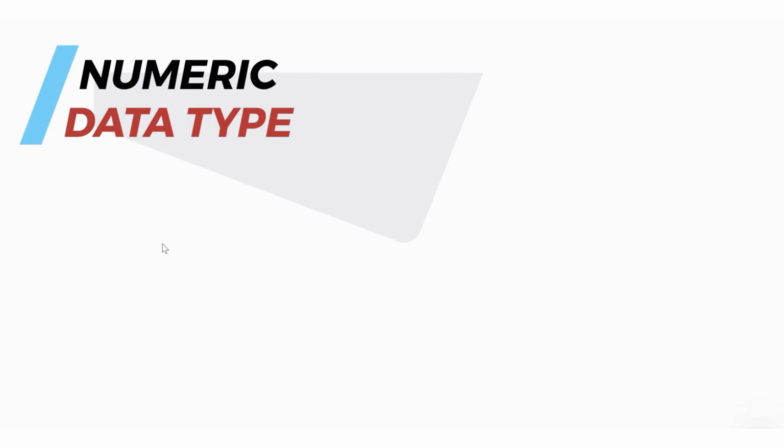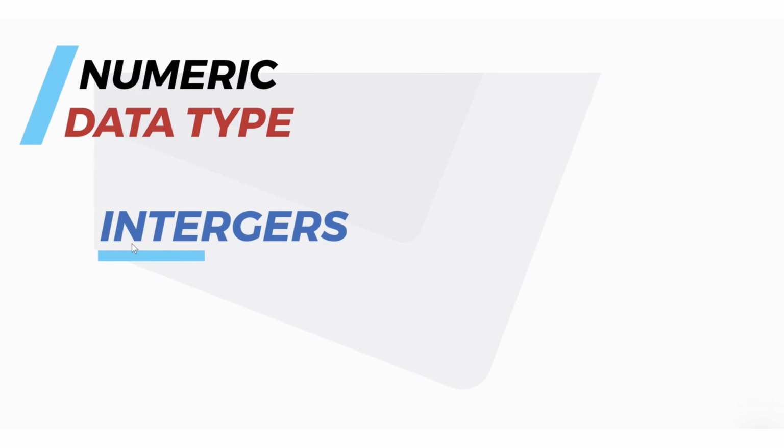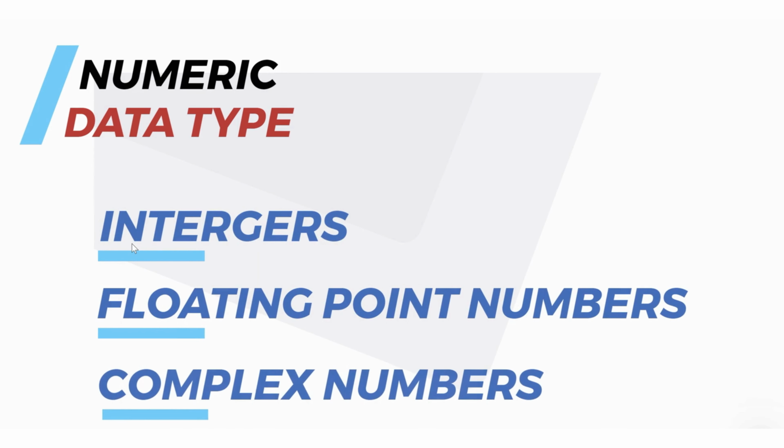Okay, let's explore one of the fundamental concepts in Python programming, that is numeric types. Specifically, we will focus on integers, floating point numbers, and complex numbers. We will go through each type, understand how they work, and see some interesting examples. So let's dive right in.